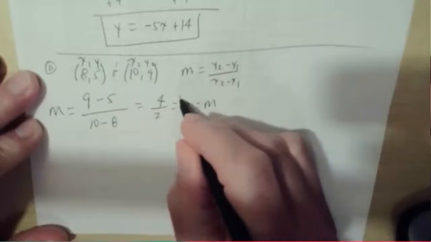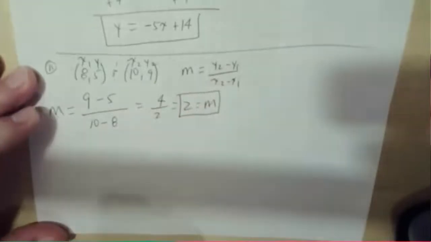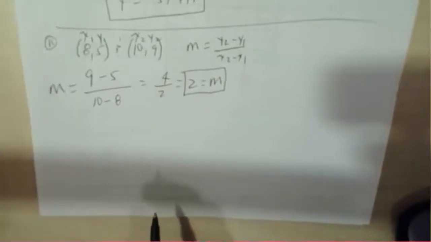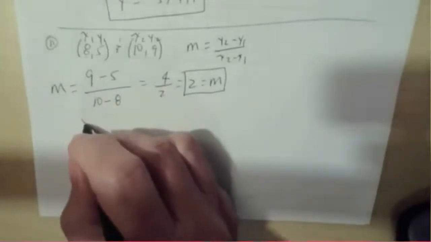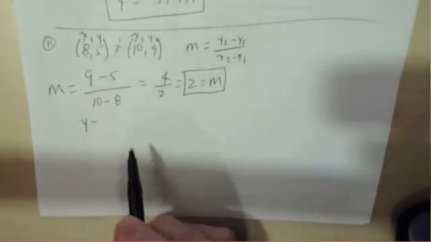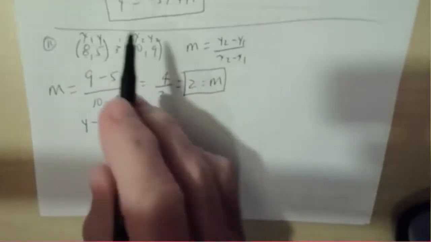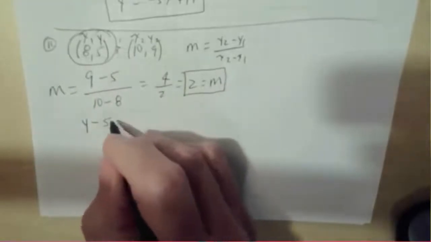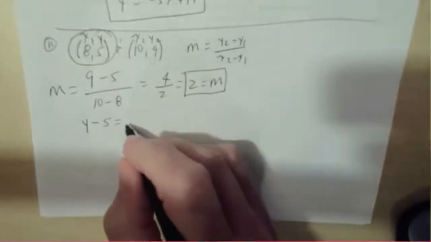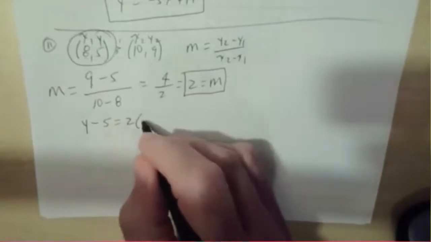Now what do we have? We have 2 points and slope. So we're going to again use the point slope formula, which I gave you before. So y minus, we can use either point we want. Let's use this one. The numbers are a little easier. y minus 5 equals m, which is our slope, x minus 8.